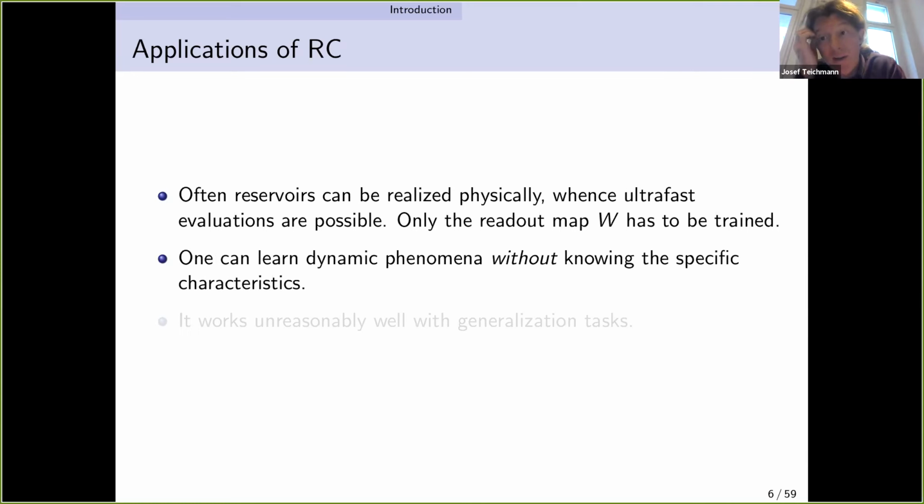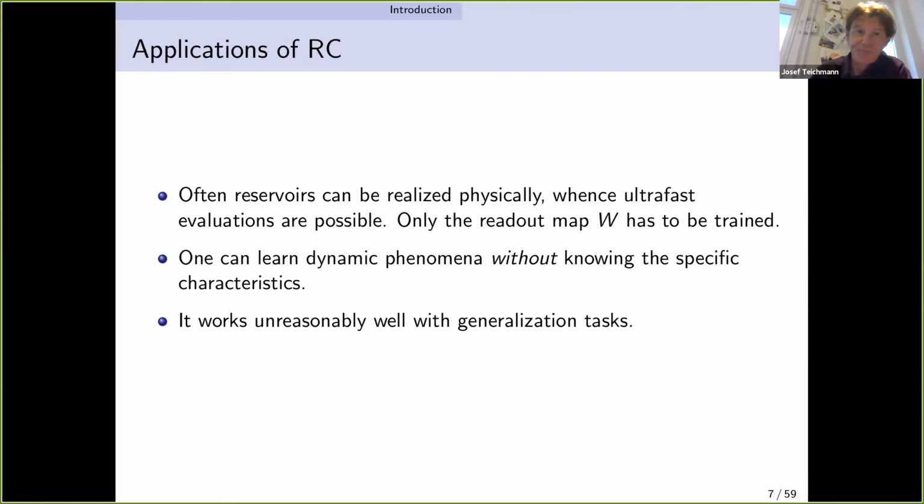There is an inherent notion of transfer learning, using the same reservoir with different readouts for different tasks. And it works in many respects unreasonably well when it comes to generalizations. And it's also provable machine learning. We can, in some contexts at least, prove the generalization works well.